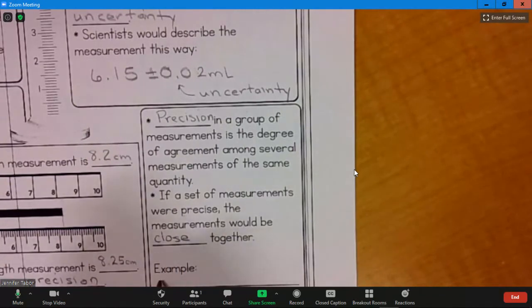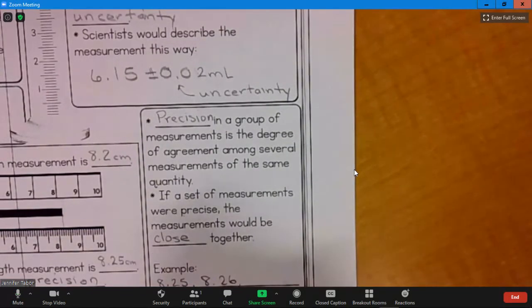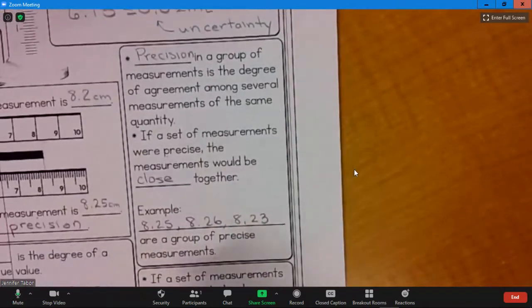So example, if I have 8.25, 8.26, 8.23, those are pretty precise. They're pretty close to each other, right? If I had 8.25, 8.7, right, those are not very precise. They're not close together.